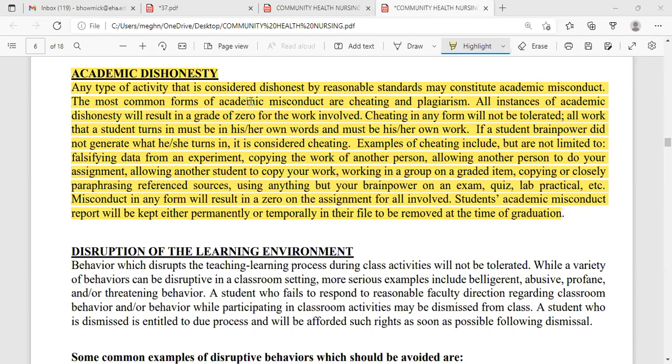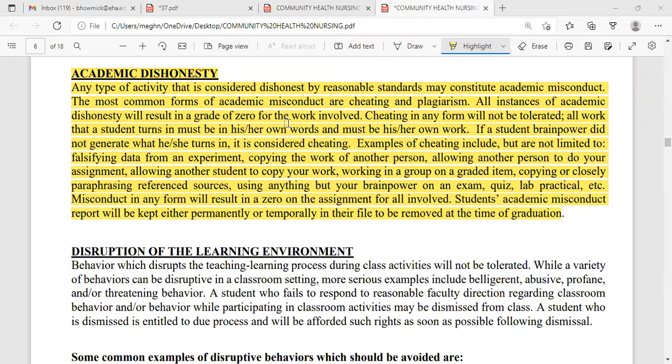Examples of cheating include, but are not limited to, providing false data, or copying and pasting from another student's assignment or care plan and submitting it. It is cheating.